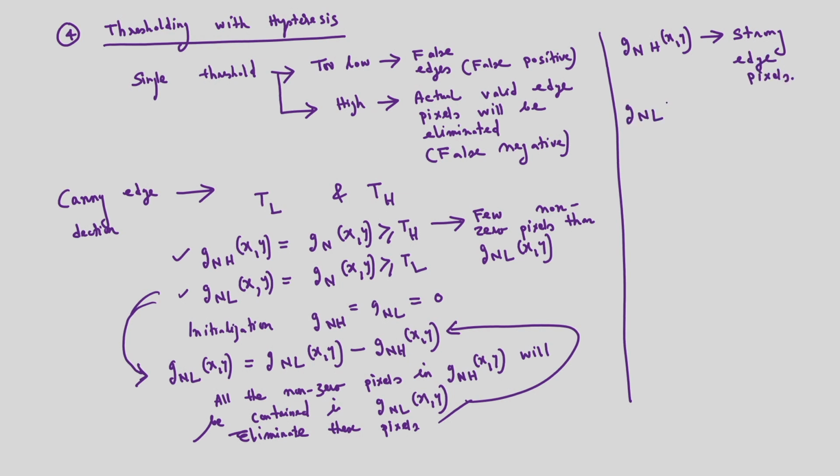Another image I am getting is G_NL(x,y), that corresponds to the weak edge pixels. So I am getting the strong edge pixels and the weak edge pixels.